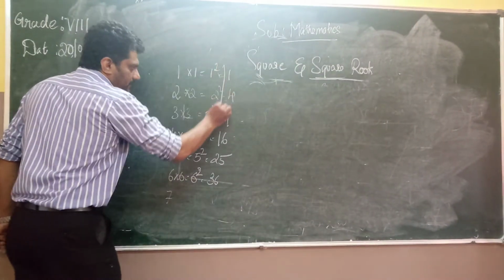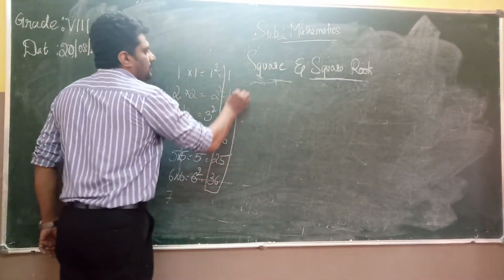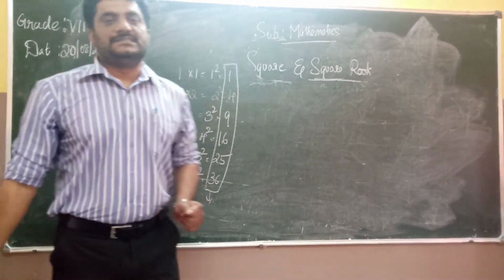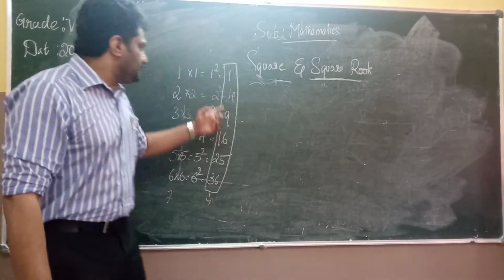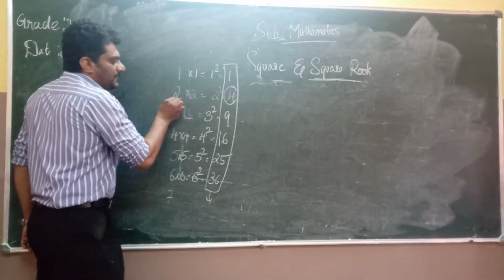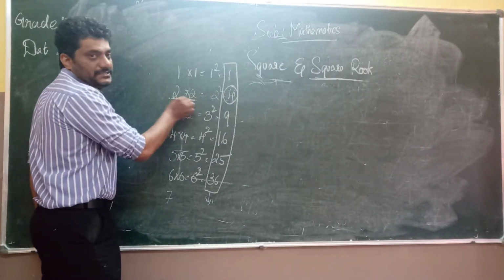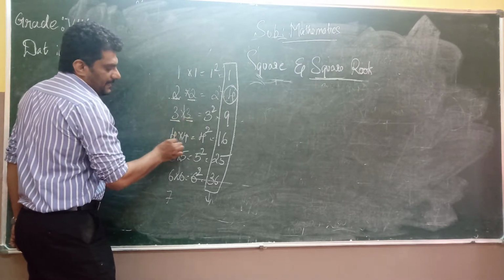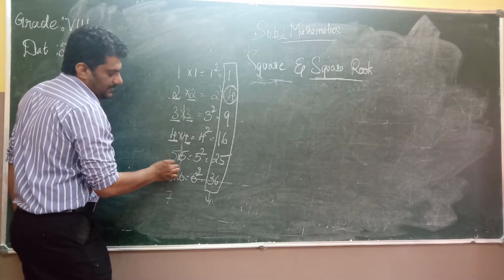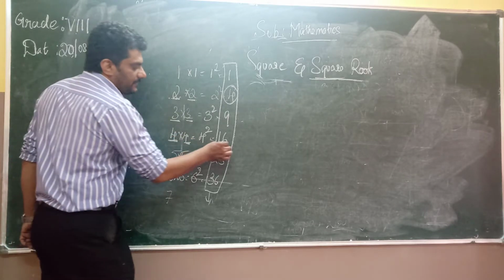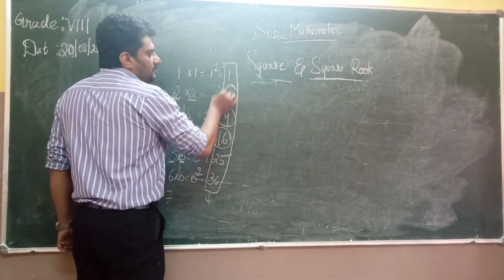If you see all these numbers, they are called square numbers. Why do we call these square numbers? Because we get these numbers by multiplying the same two integers.